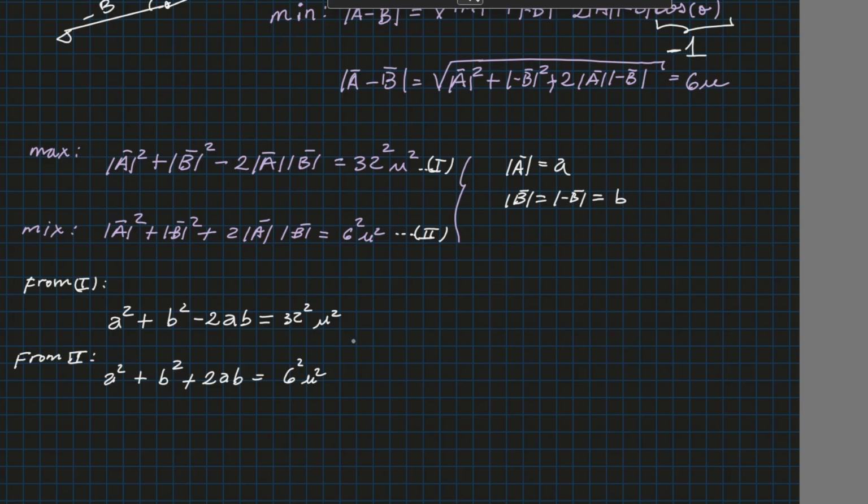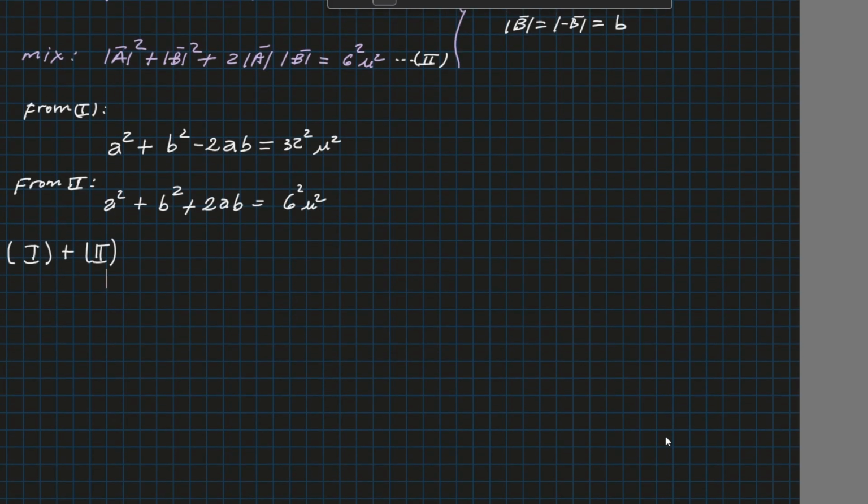Now if we add the two equations, the result is that we have a plus a is 2a squared, b plus b is equal to 2b squared, and here will be equal to 0 because minus 2ab plus 2ab is equal to 0.